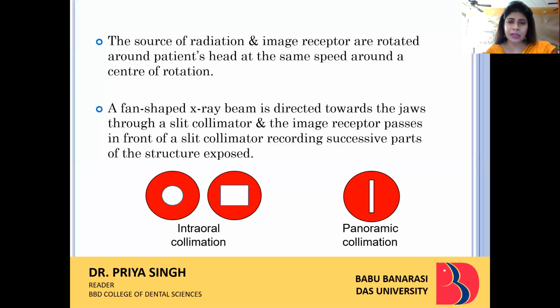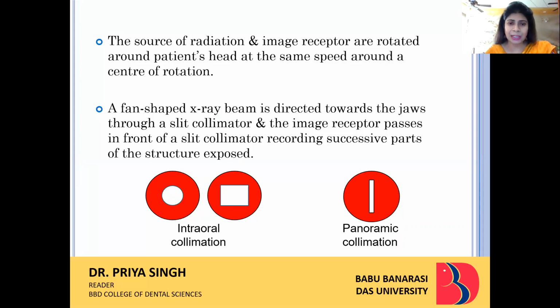Now, the source of radiation and image receptor are rotated around the patient's head at the same speed around the center of rotation. But remember, the patient has to be stabilized. The patient should not move. So the patient has to follow certain guidelines given by the technician who takes the image. The patient has to be still, without any motion.